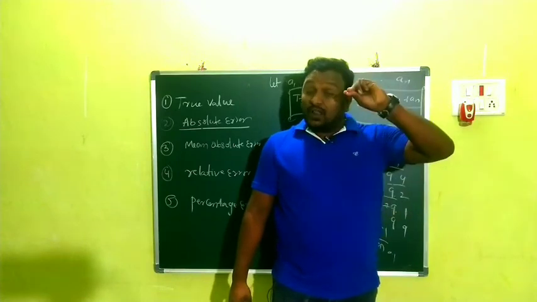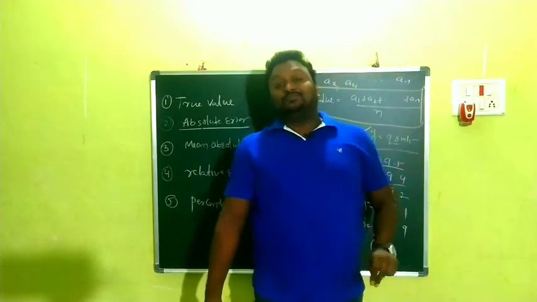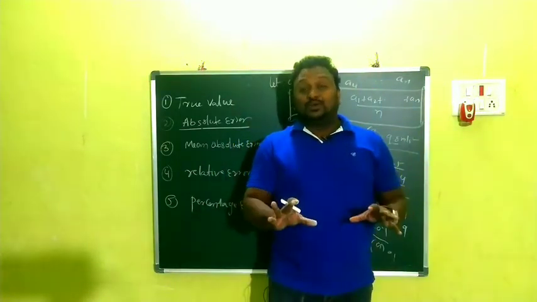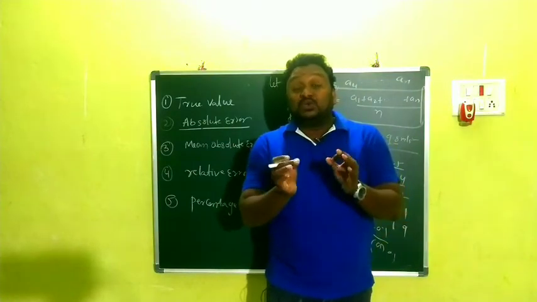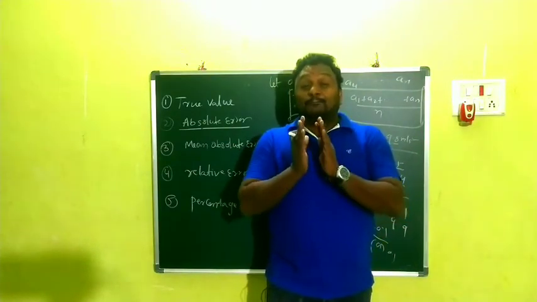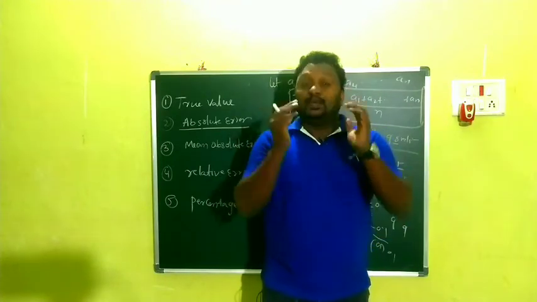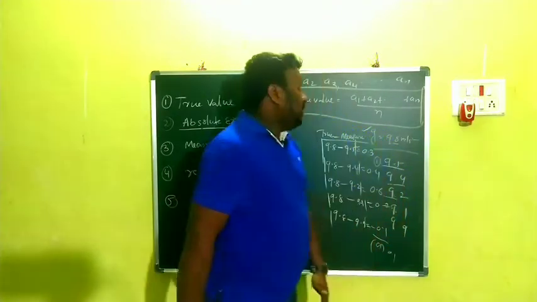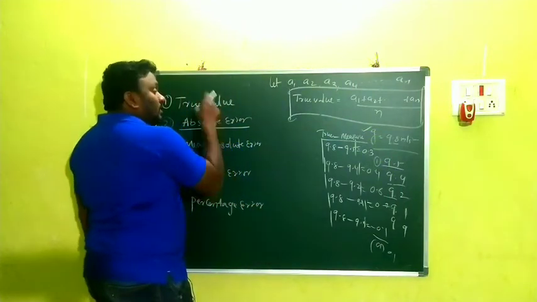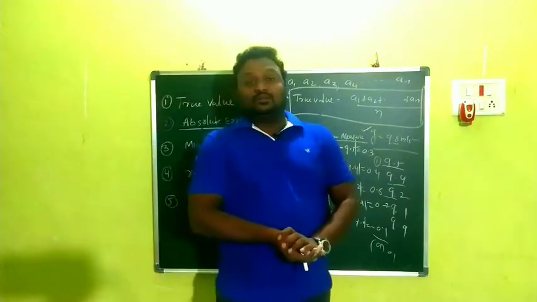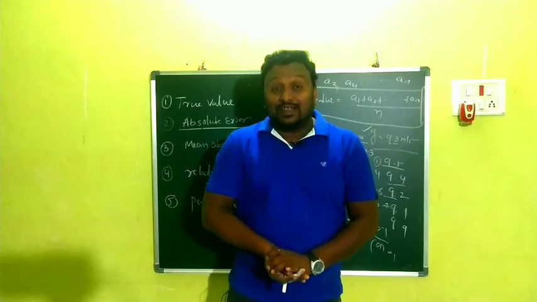So that is called absolute error. Children, the magnitude of the difference of true value and measured value is called absolute error.